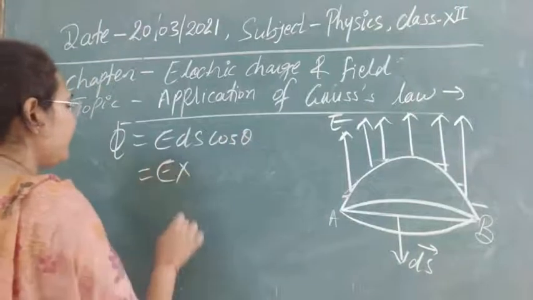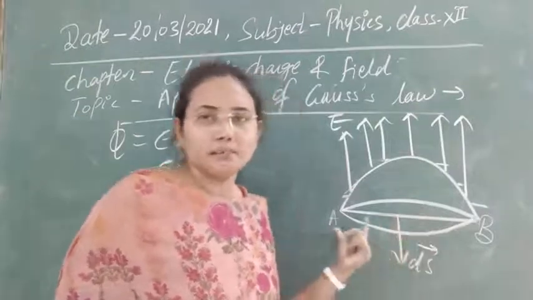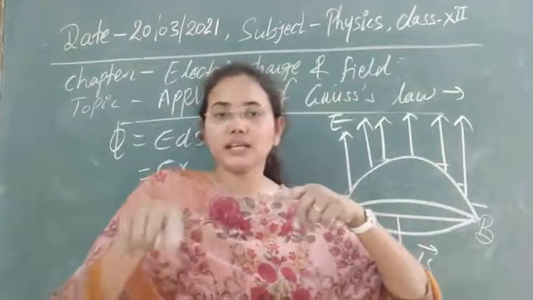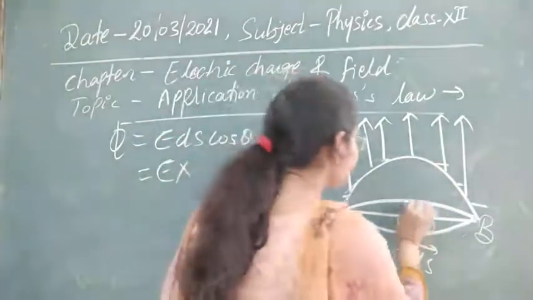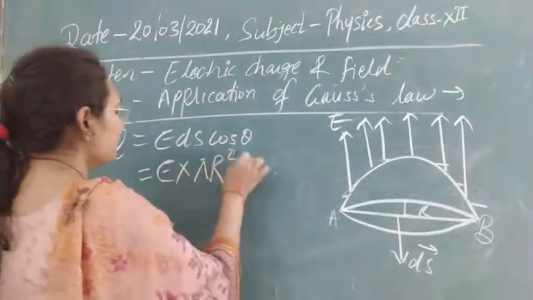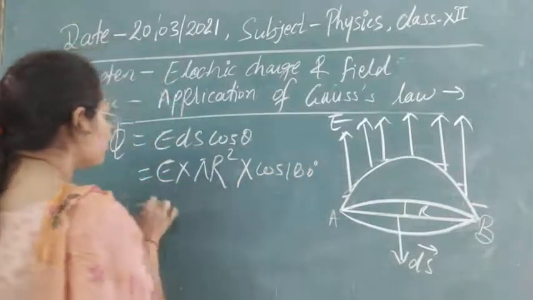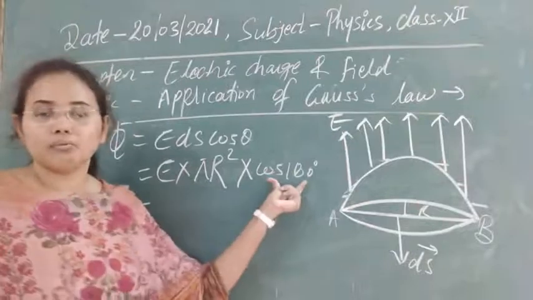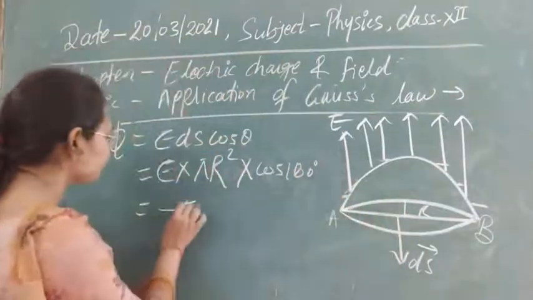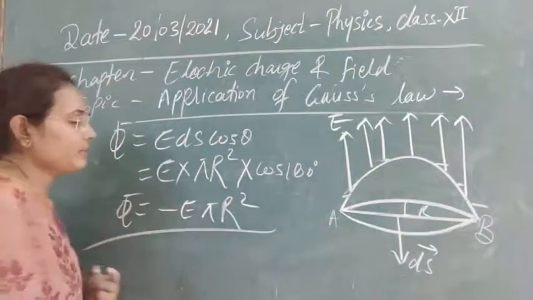Here ds is the area enclosed by the circular base, which is pi r square, where r is the radius. The value of cos 180 degrees is minus 1. So finally the flux is equal to minus E pi r square.